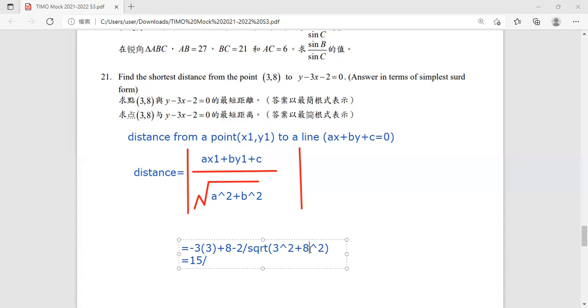So my bad. Then you just rationalize the denominator. You got 3 over 2, 3 square root 10 over 2.